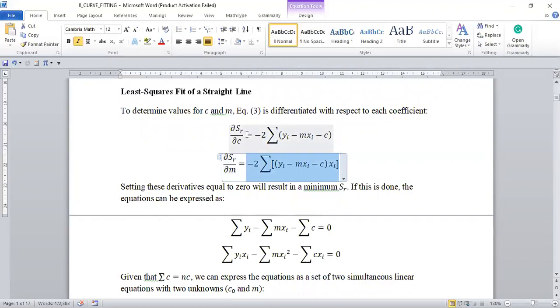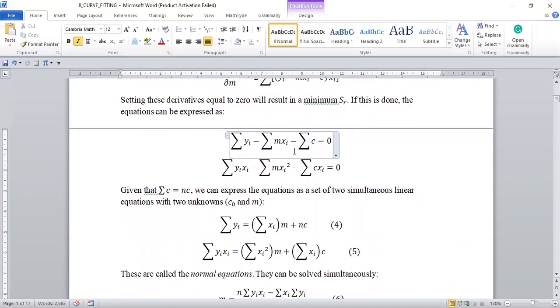But since this is going to be equal to 0, the minus 2 is going to cancel out, because you can just divide both sides by minus 2. Because here is 0, if you divide both sides by minus 2, it's still going to give you 0. So you have only this, then you expand it out. We're going to arrive at this equation.